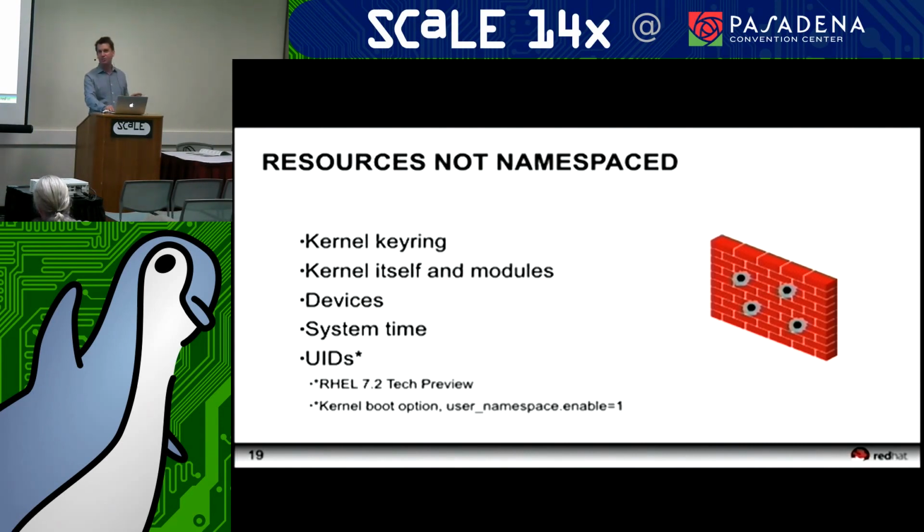There are other distributions where it has been enabled, but Red Hat is focused on enterprise, so we want to make sure that this new technology is hardened and ready for prime time in terms of enterprise deployments. It's an active area of work upstream, and there are parts of it that have been backported into RHEL. If you specify this boot option, you can try it out in RHEL 7.2, which is the current release.